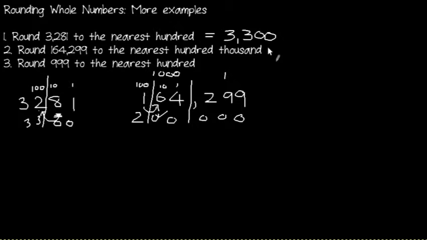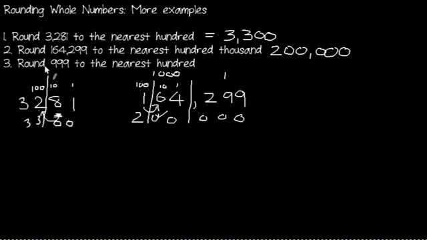So 164,299 just becomes 200,000. And again, notice that when I was speaking it, the column value to which I was rounding was the last thing that I said, 200,000.